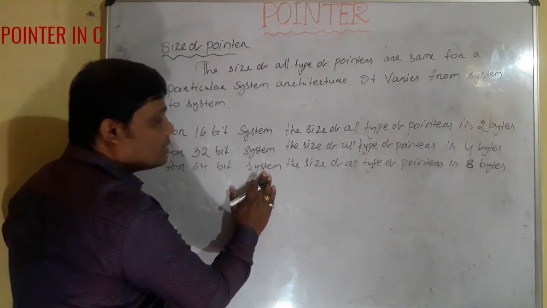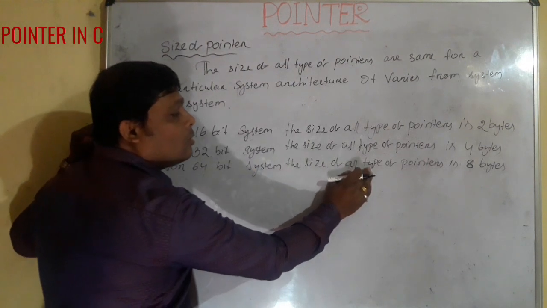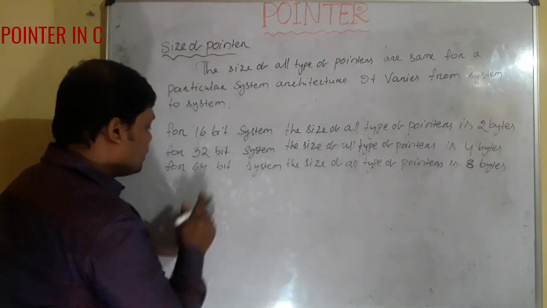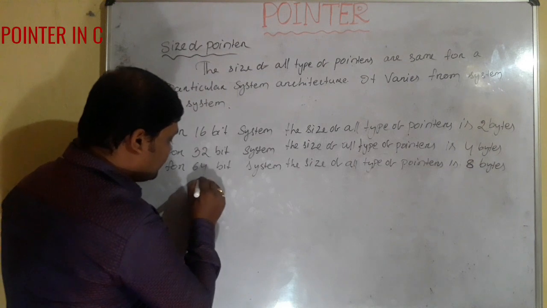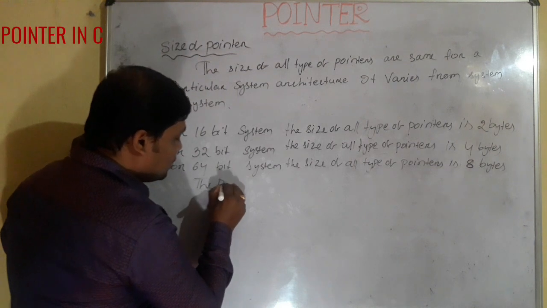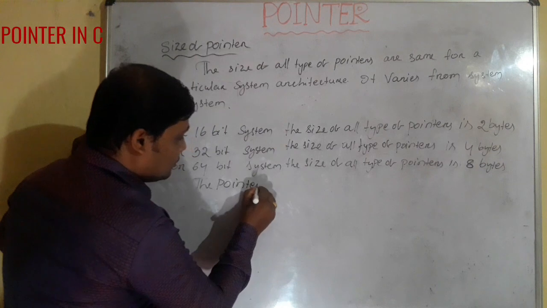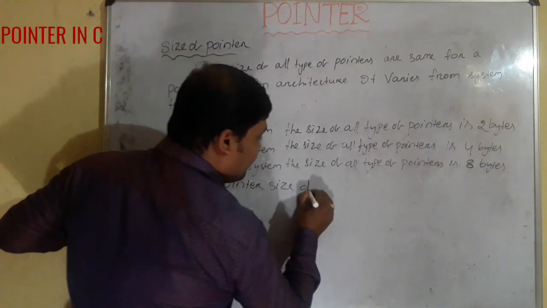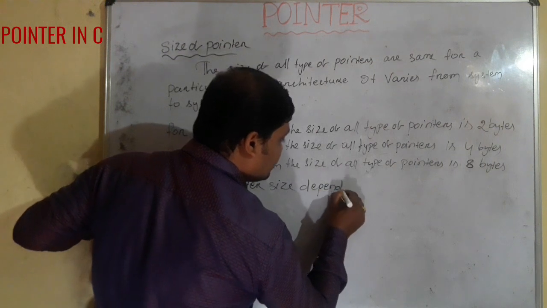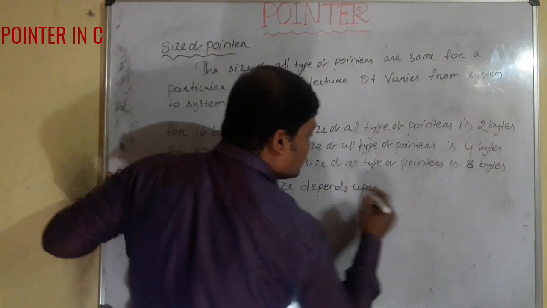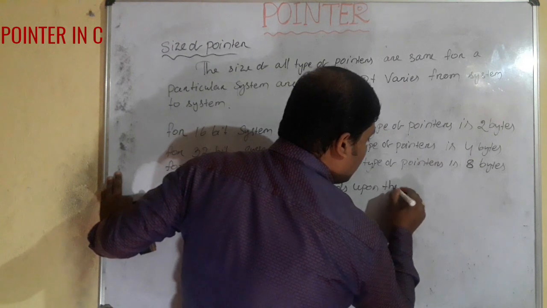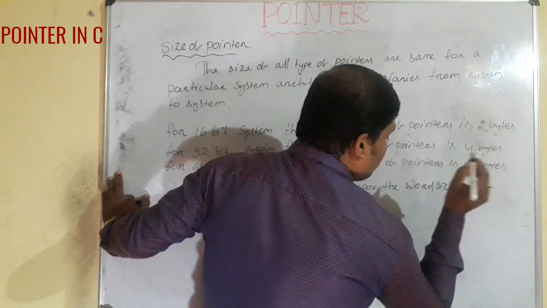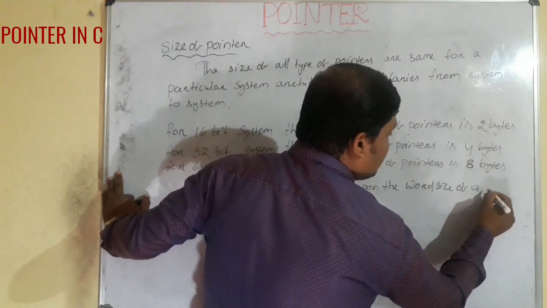For a 64-bit system, the size of all the pointers is what? 8 bytes. The pointer size depends upon the word size of a system.